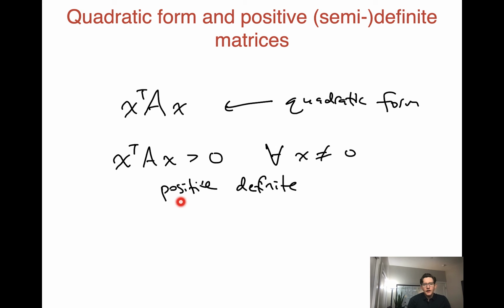So again, a matrix A is positive definite if and only if this is the case: x transpose Ax is greater than 0 for all x not equal to the vector of all zeros. Of course, if x is equal to the vector of all zeros, this thing is always going to be 0. It's not hard to convince yourself of that.